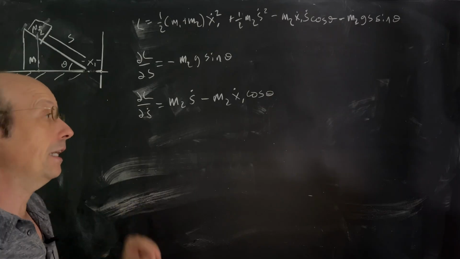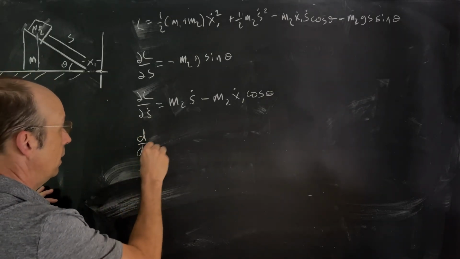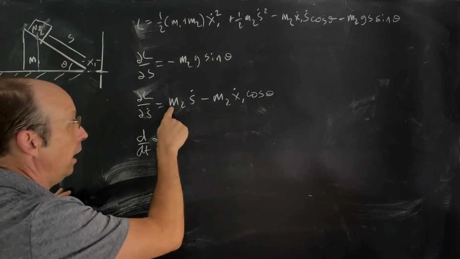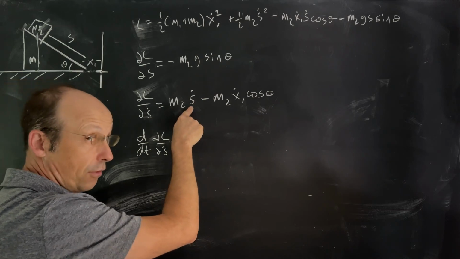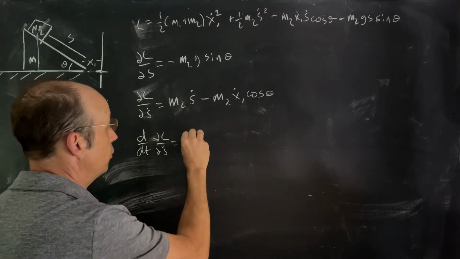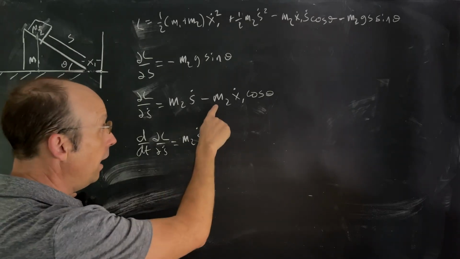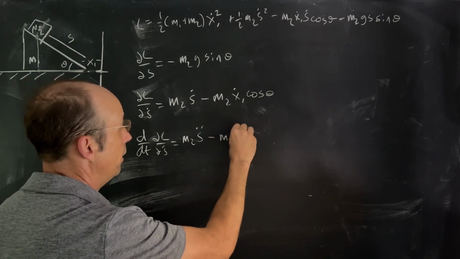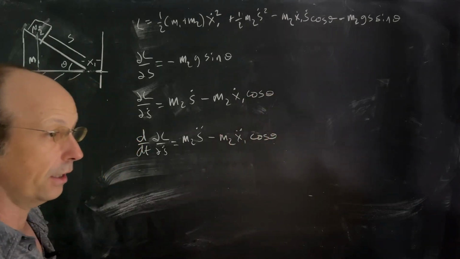So now I have to take the actual time derivative, so I'm going to write this out. d dt of the partial of L with respect to s dot is equal to the derivative of this with respect to time, which is just the derivative of s dot, so that's m2 s double dot. And over here I have minus m2 x1 double dot cosine theta, because remember, theta is a constant, m2 is a constant, and so forth.